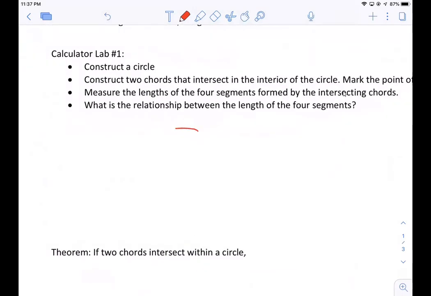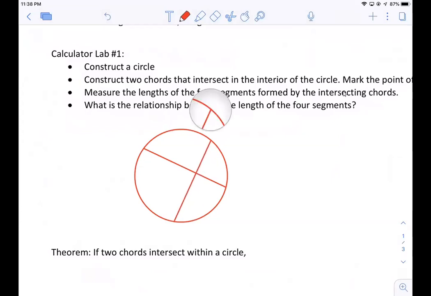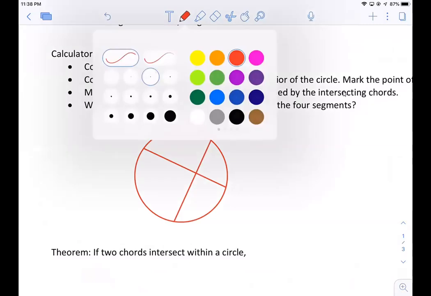Basically in this lab, you're just going to be constructing a circle. You're going to be making two chords. Chords could be anywhere, as long as the endpoints are on the circle. You can even make a diameter, since a diameter is a chord.